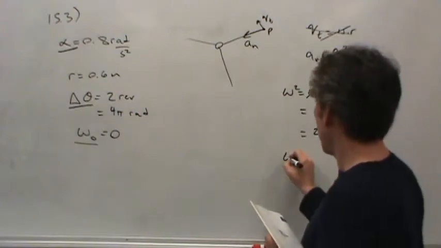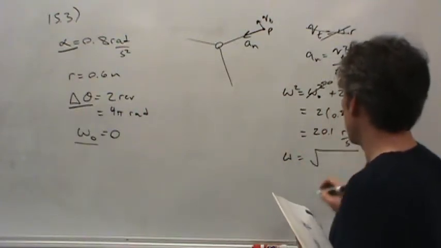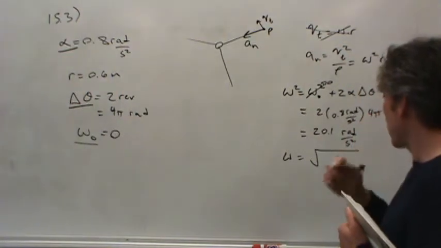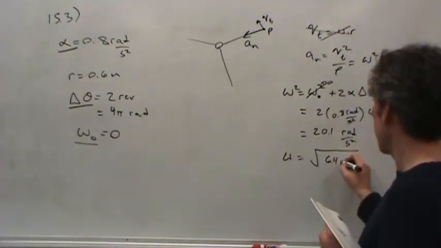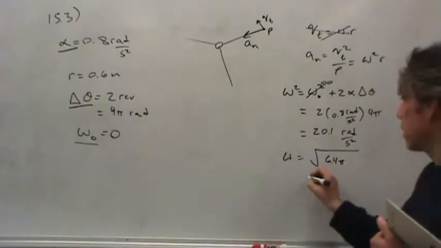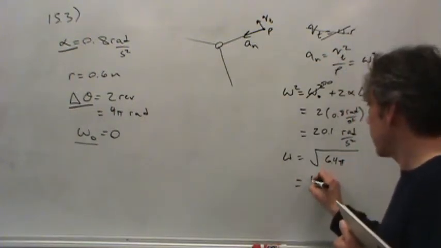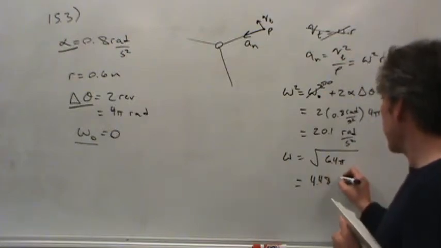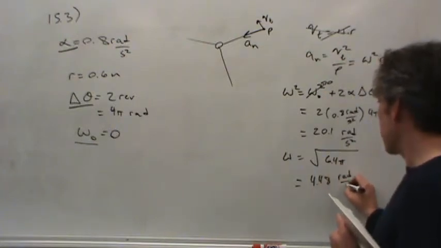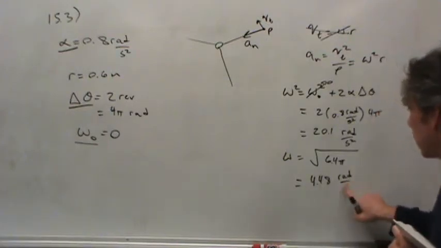And then if I want omega, I'll have to take the square root of that. Right, so simplifying this, 6.4 pi. 4.48, thank you. So 4.48 radians per second. Wait, how much?